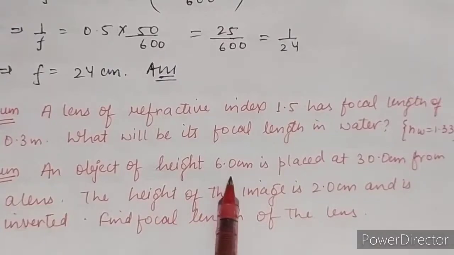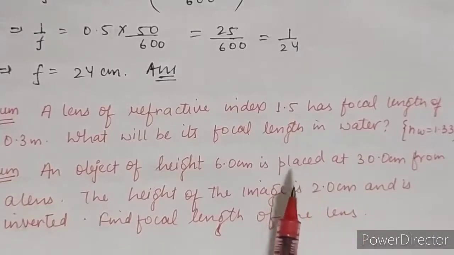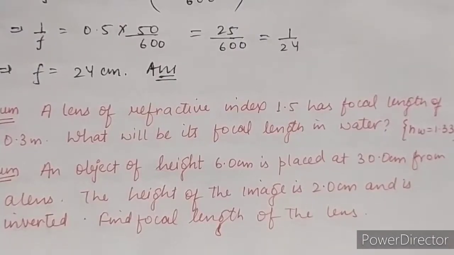This is the object height, this is the image height, this is the object distance, and what you have to find is the value of focal length, okay. So I hope that you are able to find it. You have to solve these two numericals, okay, and with this the numerical portion of the lens topic has been completed. So the second phase of this chapter is completed.